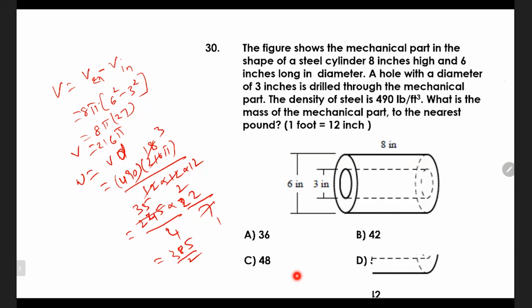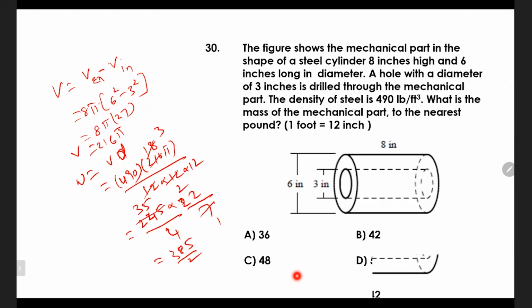So 7 8s are 56, 8 2s are 16 plus 5, 21, 216 pi. So there should be some difference here. 490 into 216 pi by 12 into 12 into 12 because that inches should be converted to feet.